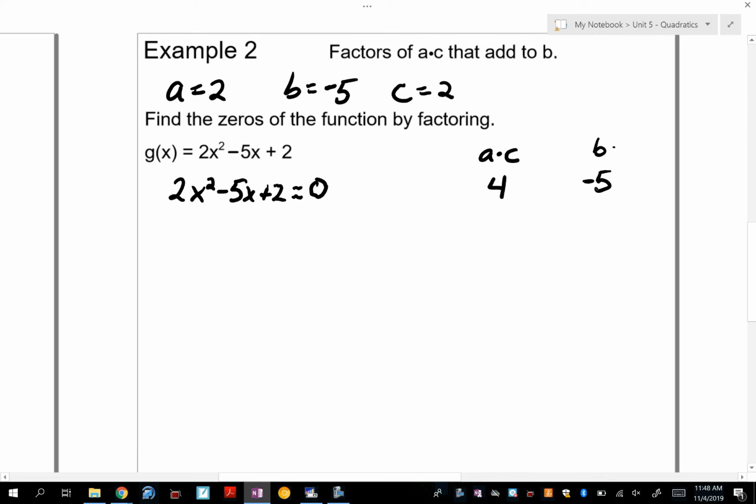What are factors of 4? 2 times 2, negative 2 and negative 2, and 4 and 1. Now there's only one pair that I want to use because it adds to negative 5. What is that pair?